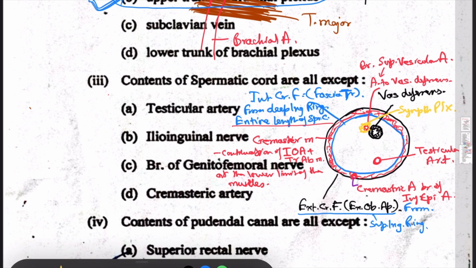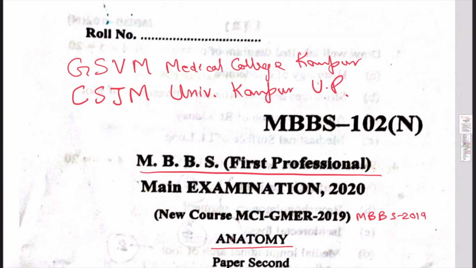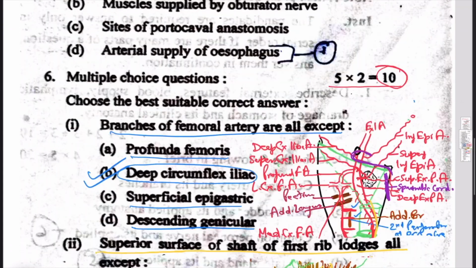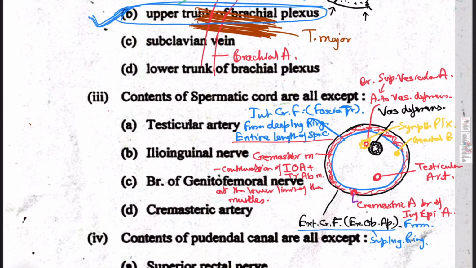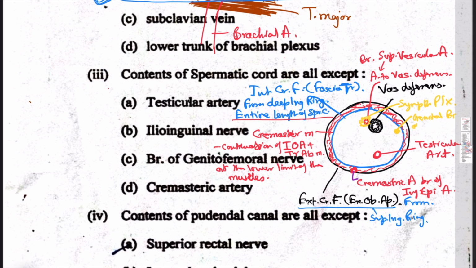Talking about nerves, there will be two nerves actually. There are two nerves which are contents of the spermatic cord. One is the sympathetic plexus, and there will be a nerve within this, and this nerve I told you is coming from the deep inguinal ring. So this is the genital branch of the genitofemoral nerve, right?